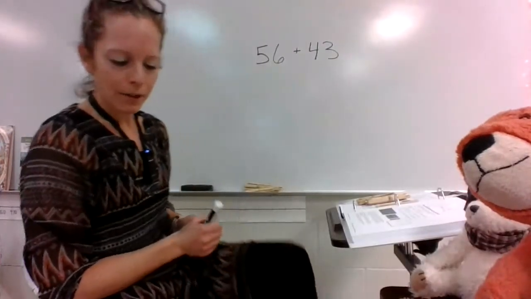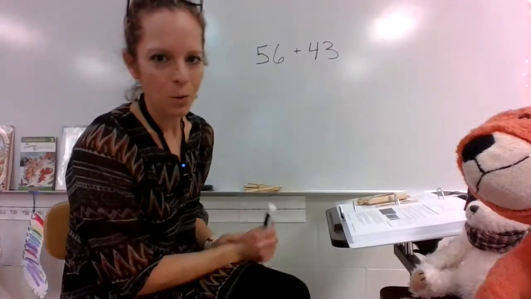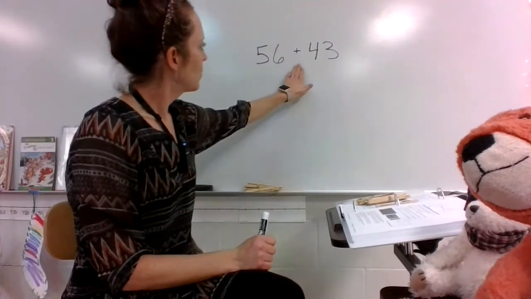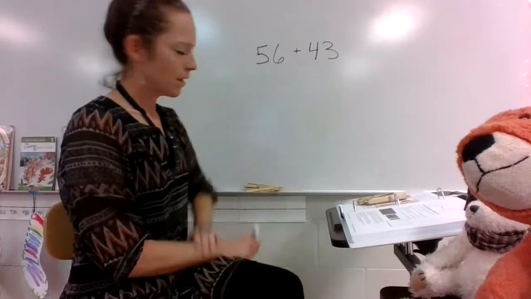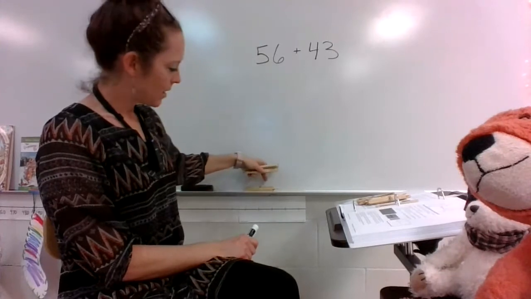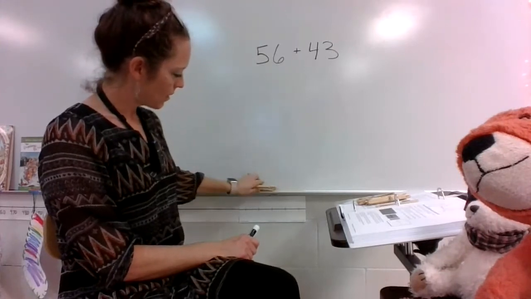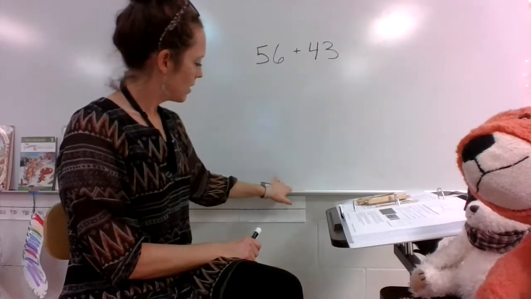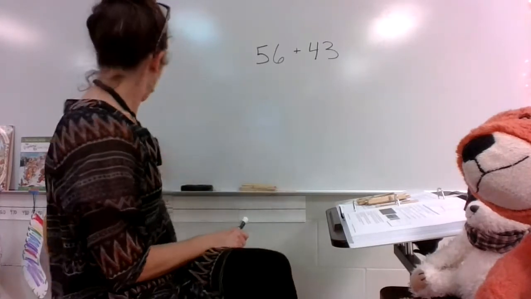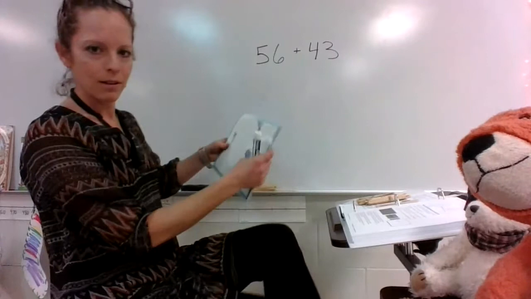Okay, we're going to try to figure out one more together and with a little twist this time. 56 plus 43. And I have my bundles and sticks down below to help me at 10, 20, 30, 40, 50, and 6 more makes 56. Now I'm going to cover those up. 56.